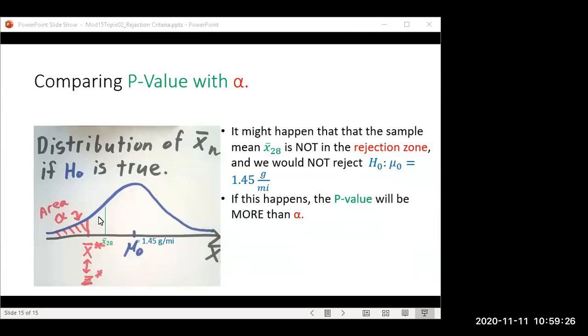Practice the coloring skills from my youth. Well, anyhow, the green part's the p-value, and that green area is bigger than the red shaded area, so the p-value is more than alpha when we don't reject the null hypothesis.